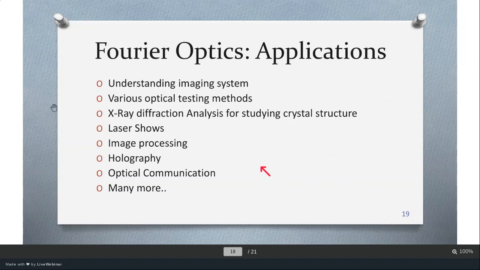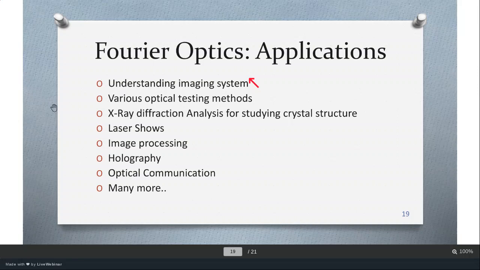One application we already discussed is X-ray diffraction analysis for studying crystal structure. But there are other methods also, where we understand the imaging system more. As we calculate the phase, we will understand how the phase varies as light passes from one medium to another. And if we can control the phase, we can control many things in optics.